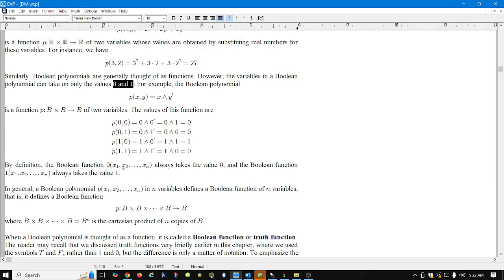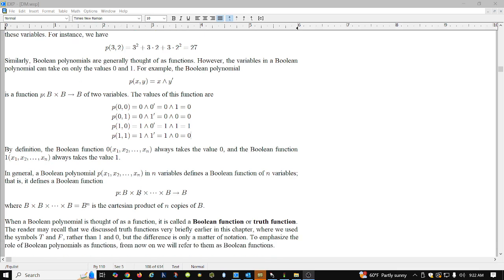By definition, this Boolean function, which we also could denote by 0 itself, takes the value 0 for all values of the variables. It's a constant function that takes the value 0. This is the constant function that always takes the value 1. So in general, a Boolean polynomial in n variables defines a Boolean function of n variables.